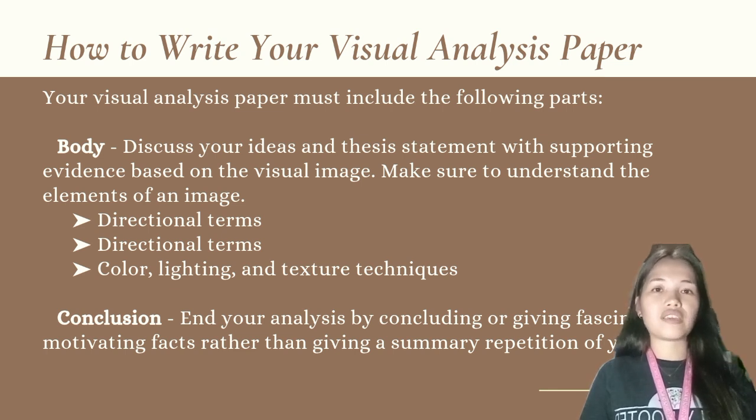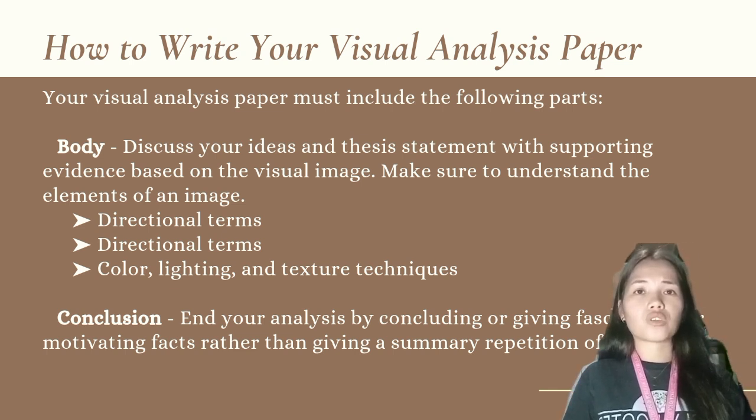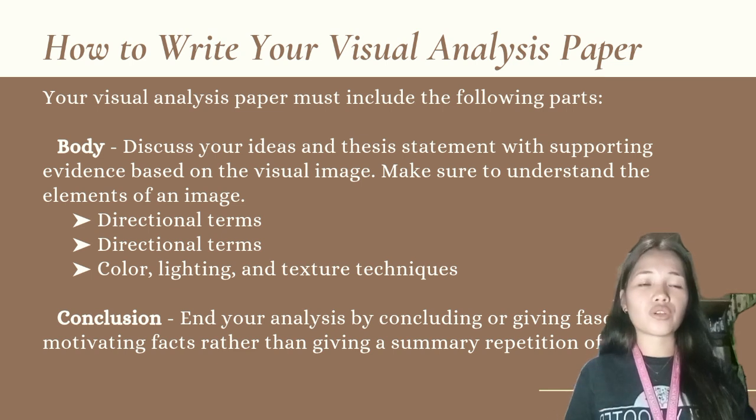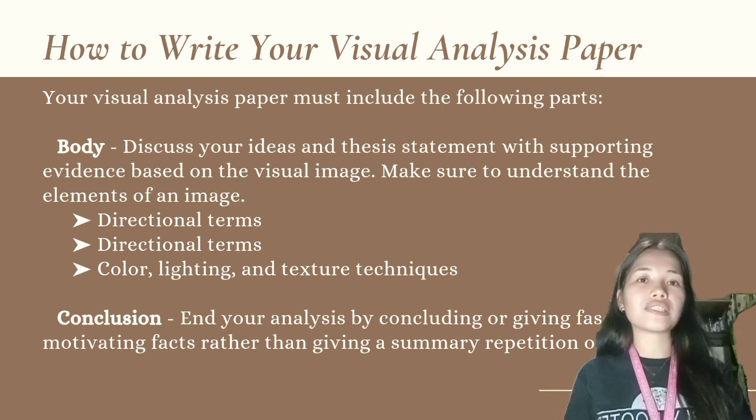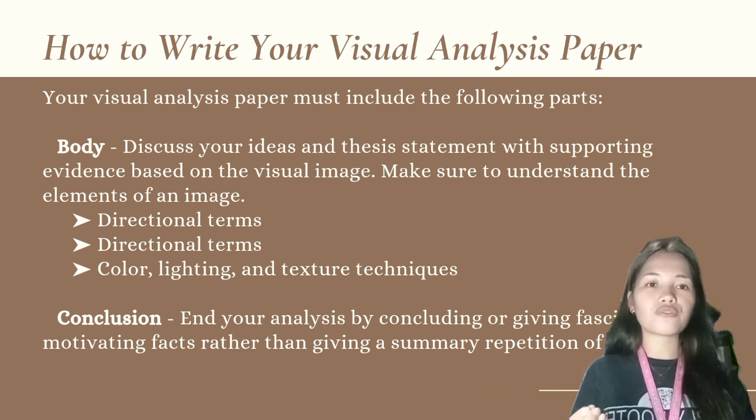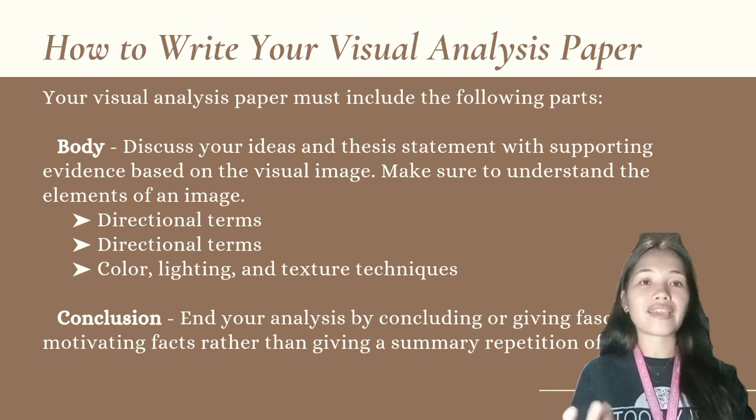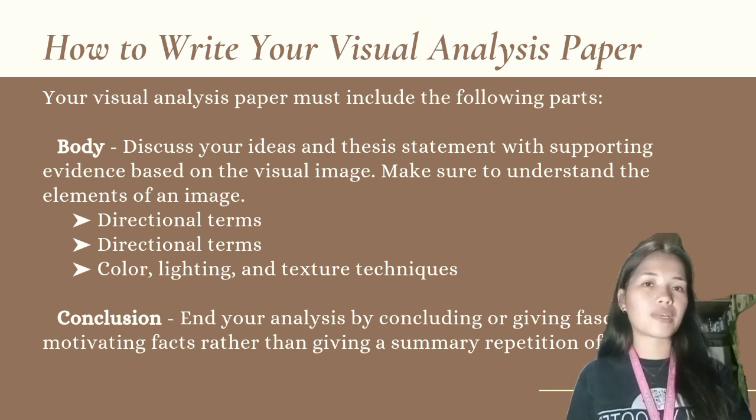And for the lighting, you should analyze the source, the direction, intensity, and quality of light. Is it natural or artificial, hard or soft? How does lighting shape the forms, create mood, or draw attention to specific elements?